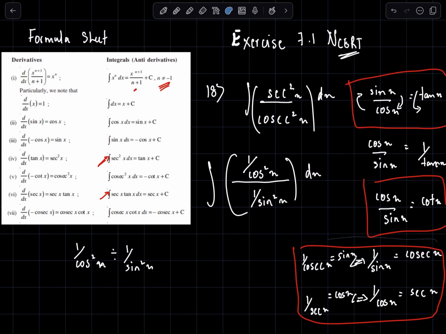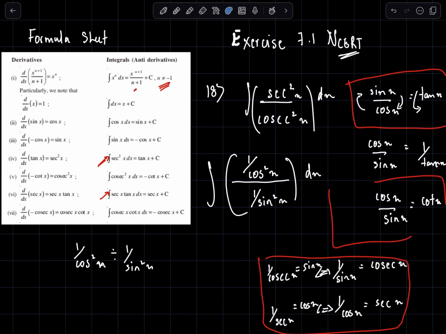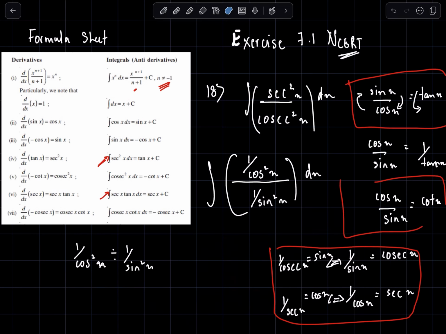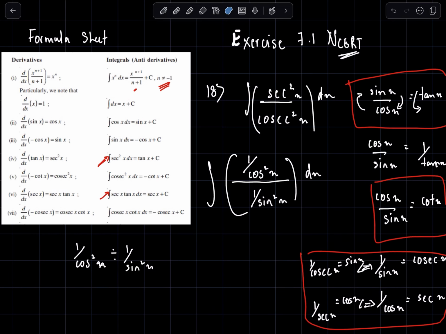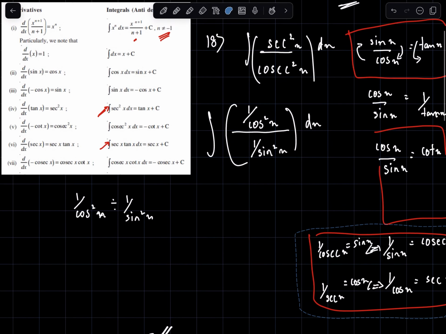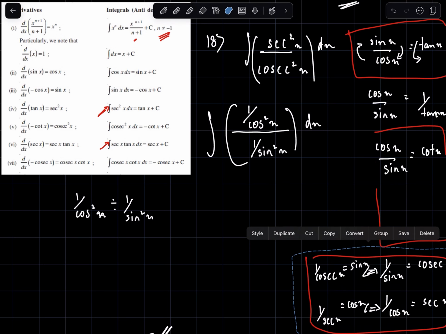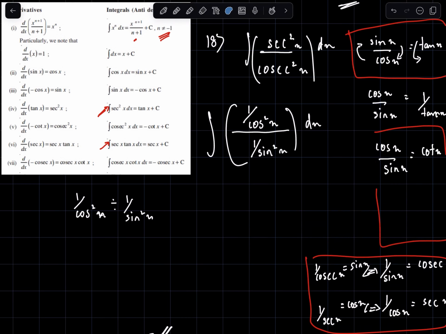Let me move this over here to give it some more space. Okay, let's divide these two.